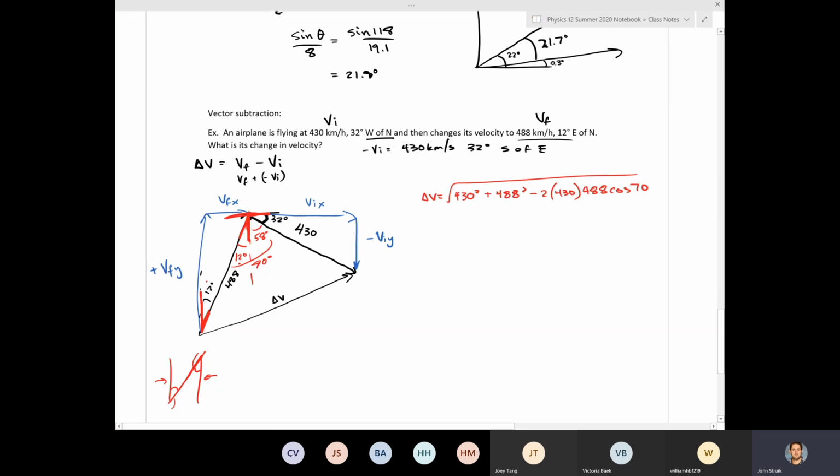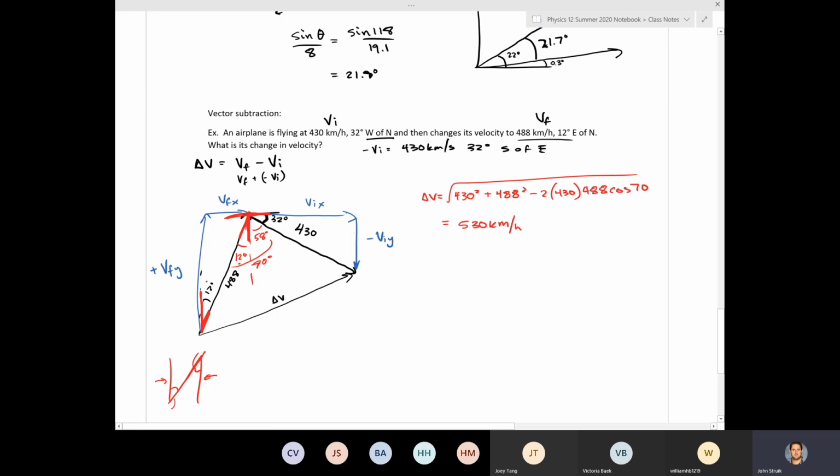So to do that, just plug it into your calculator. 2 times 430 times 488 cos 70. Okay, so that gives us a value of 530 kilometers per hour. And then we need the angle or the direction.